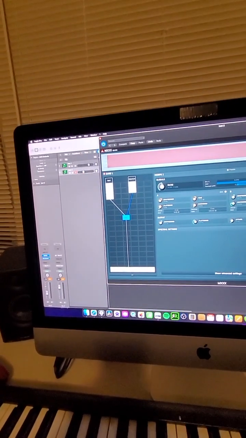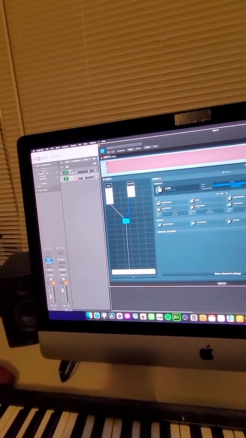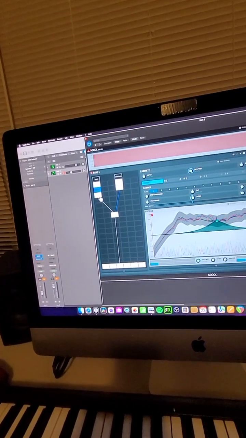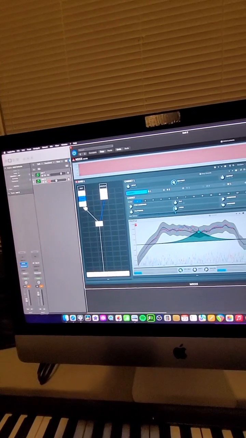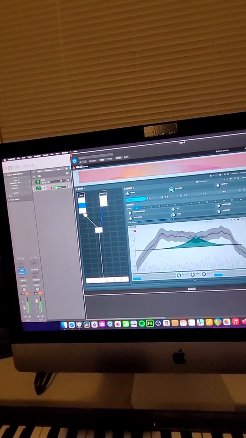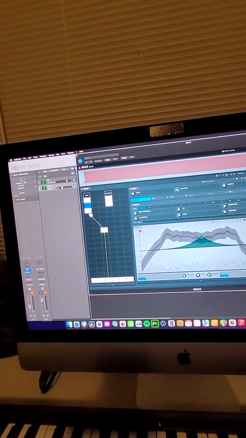And what we're trying to do here is basically simulate the idea of pickup switching, the idea of the strumming of the guitar. So when I'm strumming here, there's a very subtle vibrato and there's a very subtle release sound.